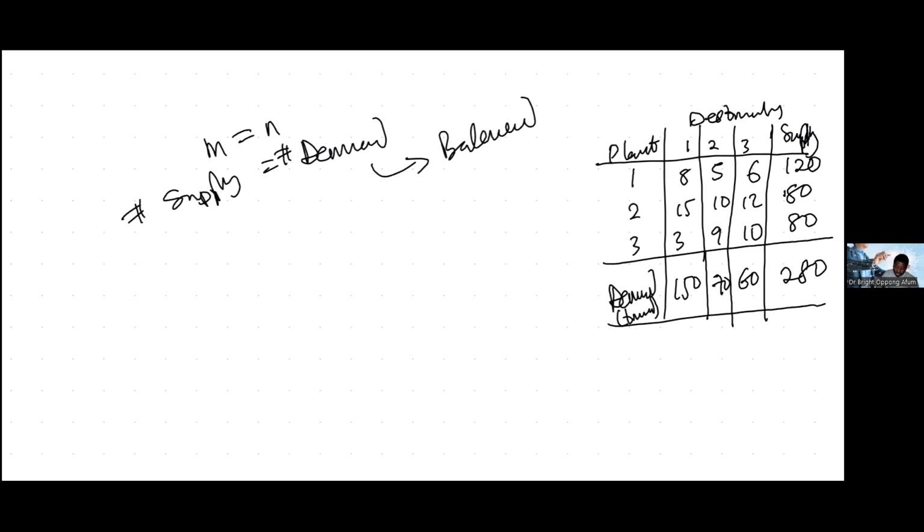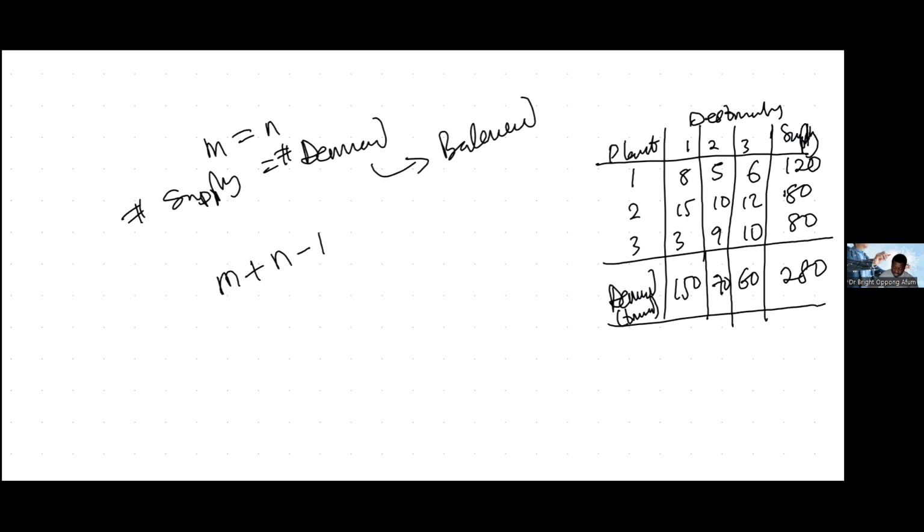So we see that the number of constraints is m plus n, because we have the total number of supplies and total number of demands. So the number of constraints that must be satisfied will be m plus n minus 1, for the solution in the balanced condition.